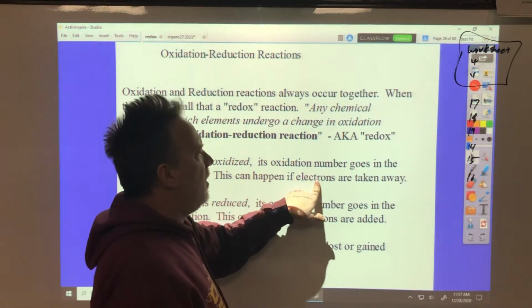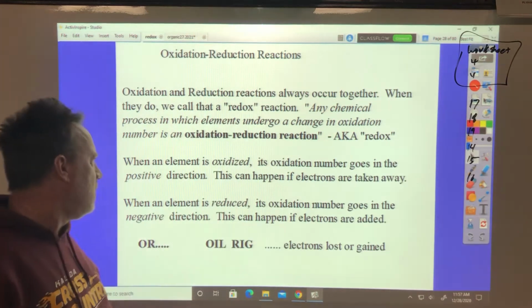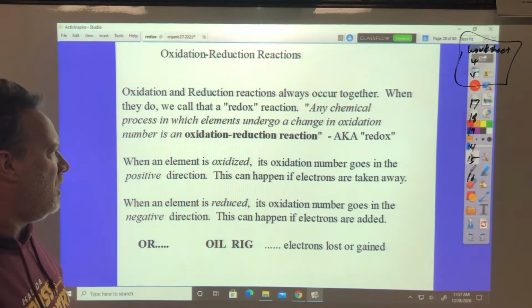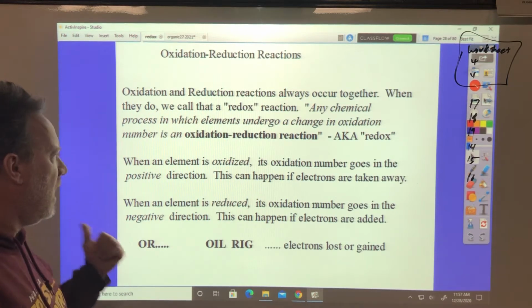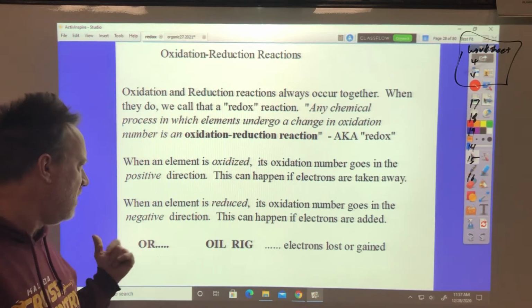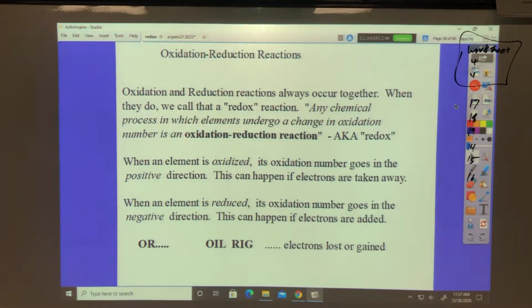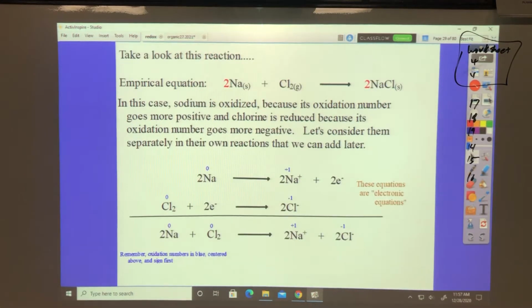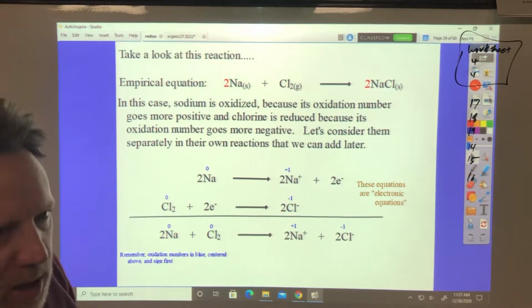This could happen if electrons are taken away, so oxidation is losing electrons. When an element is reduced, the oxidation number goes in the negative direction. This can happen if electrons are added. So you probably know this is OIL RIG. We might have talked about this with some of the classes, but I'm not sure everybody.